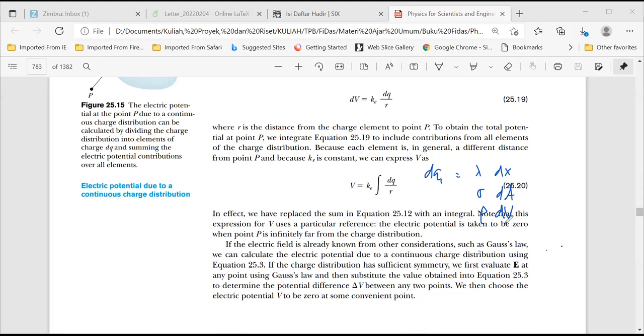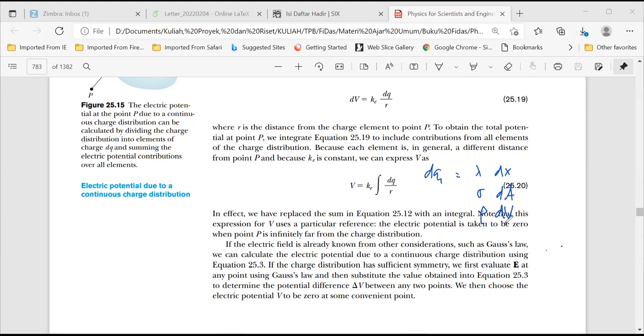Similar to what we discussed in the electric field, lambda, sigma, rho are charge densities. If the density is constant, the charge is distributed uniformly.